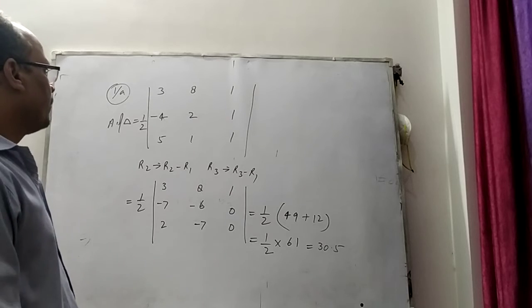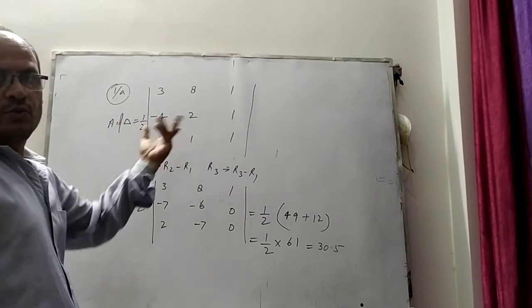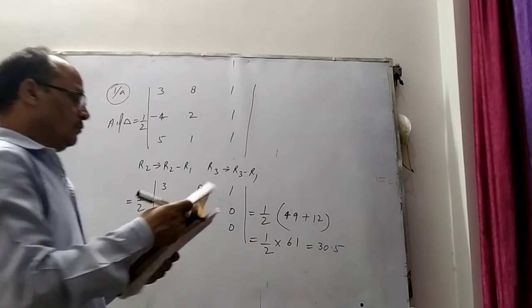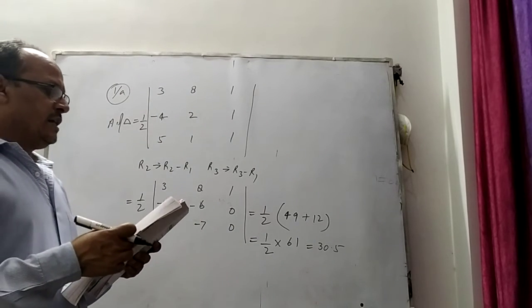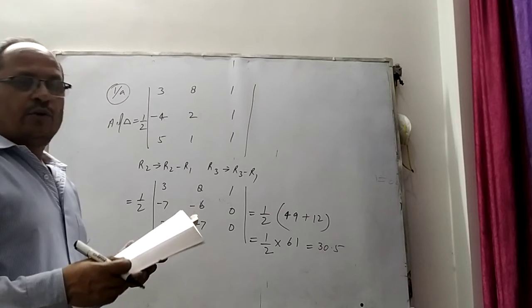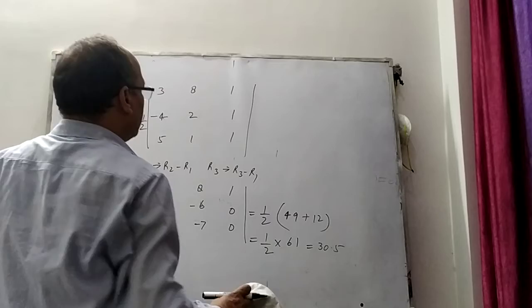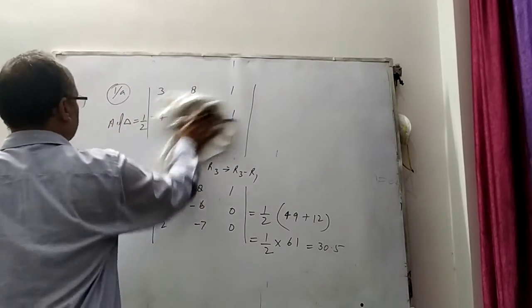This is clear. If you want to expand directly, you can expand. It is asking second question, asking collinearity. You will find the area of triangle, it is equal to 0. Then points are collinear.